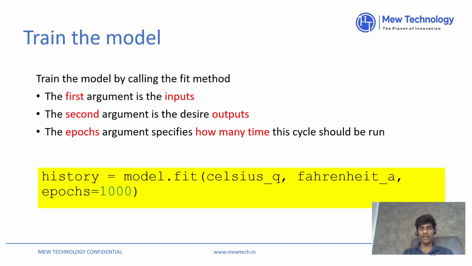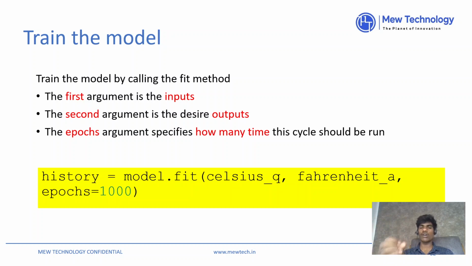I already set my model architecture, and I already set my model loss function and optimizer in the compilation part. What happens? I give some data, and the data goes to the deep learning model. The model learns something, then it comes to the loss function.